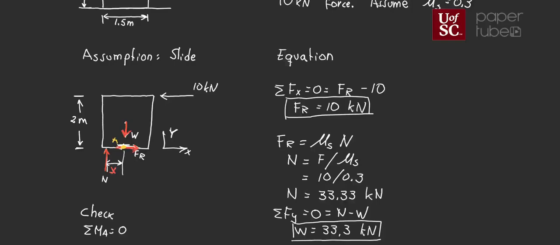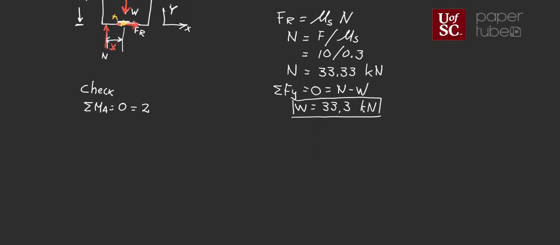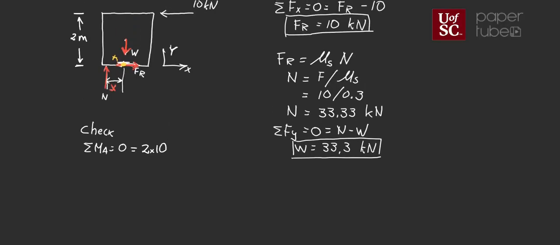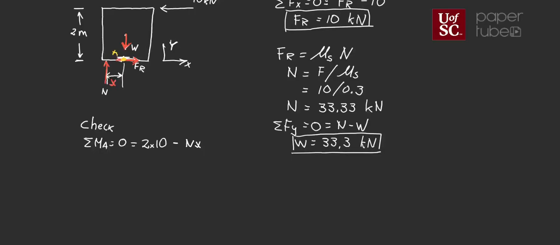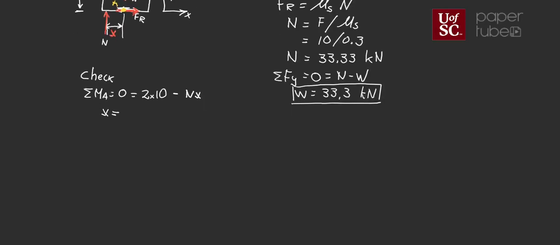Okay, so this is 2 times 10, and then my normal force is creating a negative moment about A, and the moment will be N times X. So minus NX. So from here, we can say that X is going to be 2 times 10 over my normal force, which is 33.33. So I get that X is equal to 0.6 meters.